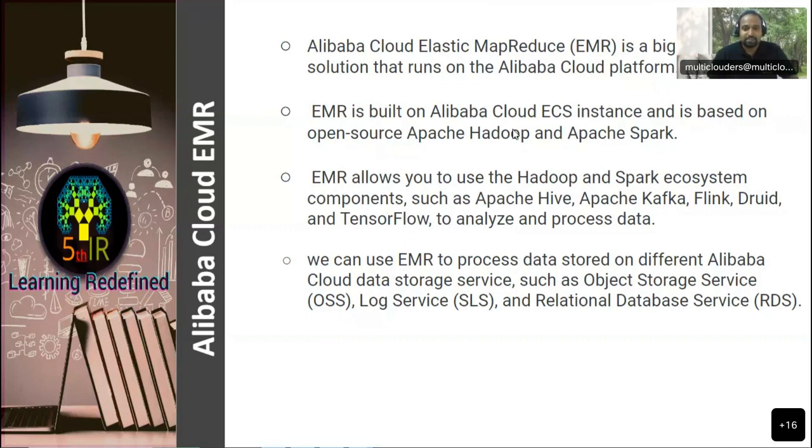And you see, it also supports Alibaba Cloud storage services. So apart from supporting all the open source Hadoop ecosystem tools, it also supports Alibaba Cloud data storage services such as Object Storage Service. So if you want, you can store the input file in the Object Storage Service, and you can access that in Elastic MapReduce. I have done this in the demo.